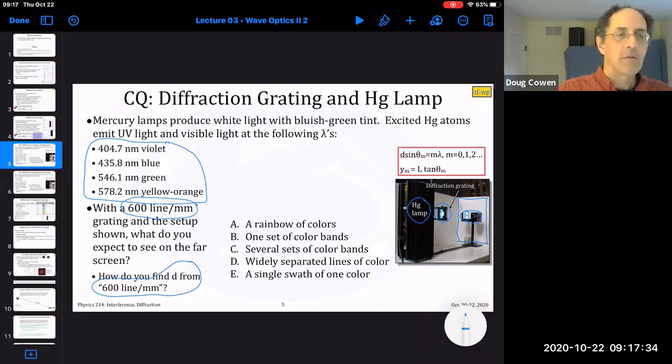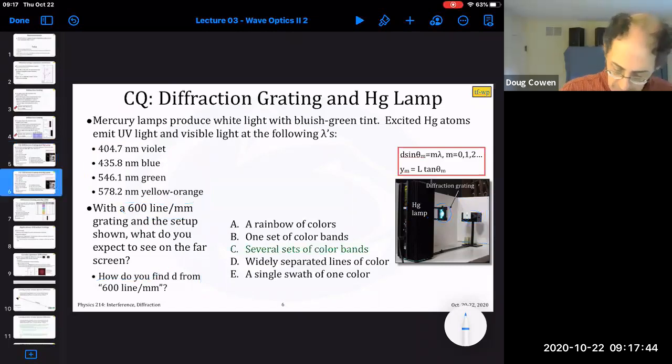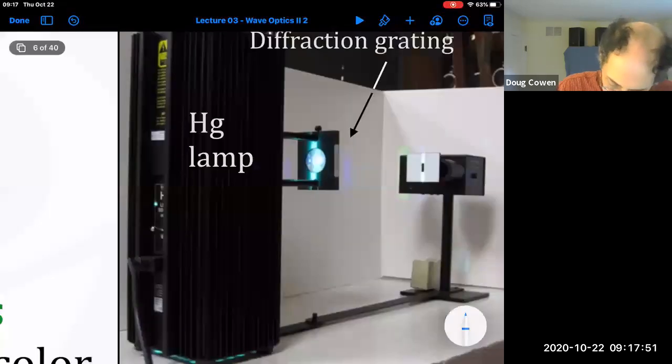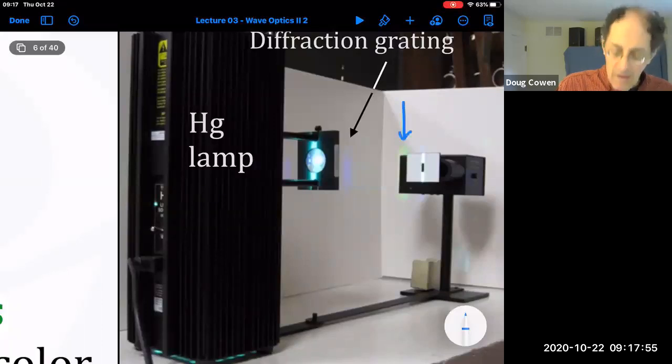Okay, so most people answered C, which is the correct answer. So what you'll see is basically a pattern, and you can almost see it over here. If you look carefully enough, you can see a green band right there, and there's kind of a purpley band just behind, mostly obscured, unfortunately, by this photosensor.